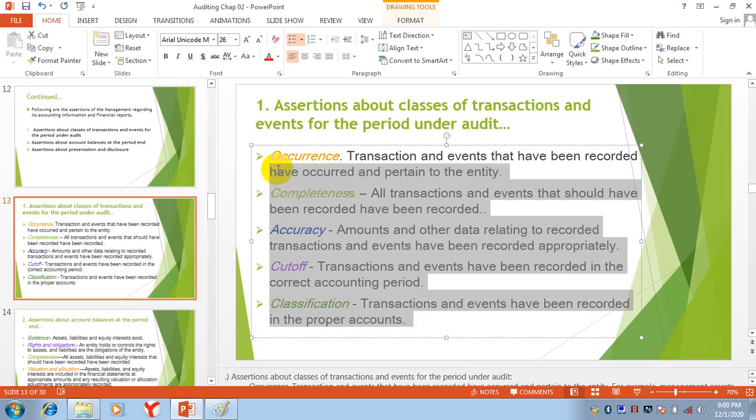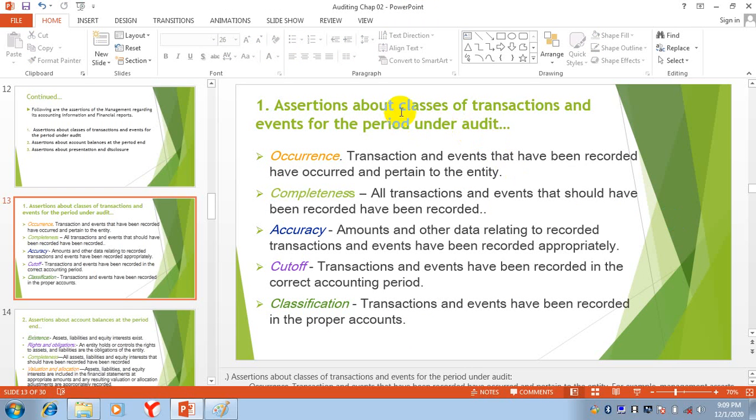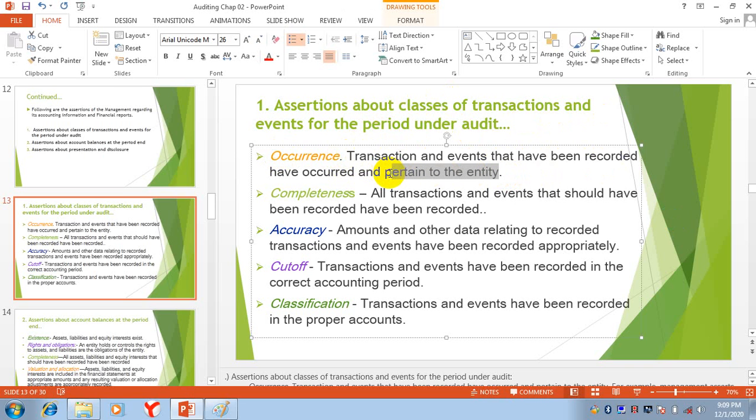So these are the assertions, the claims of the management about the classes of transactions and events. The first thing, occurrence: the transactions which are recorded relate to the entity, to our organization, and these have occurred. Completeness: all transactions and events that should have been recorded have been recorded.